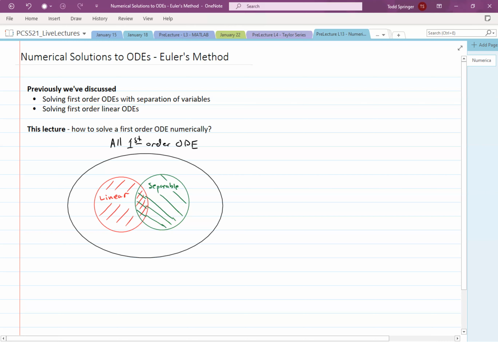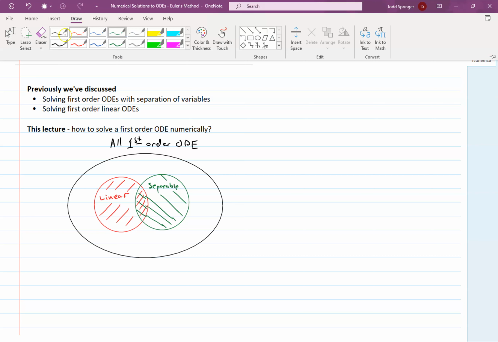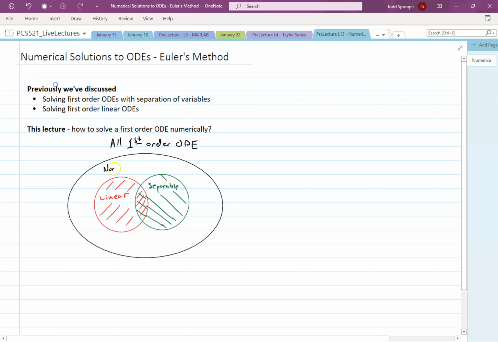So if your ODE is in either the red circle or the green circle or both, you can solve it by hand. You know how to do that, using separation of variables or using the technique of first order linear ODEs. But what if you're out here? So this is non-linear and also non-separable. Then you have a more difficult situation on your hands. Can't use those techniques we've already learned.